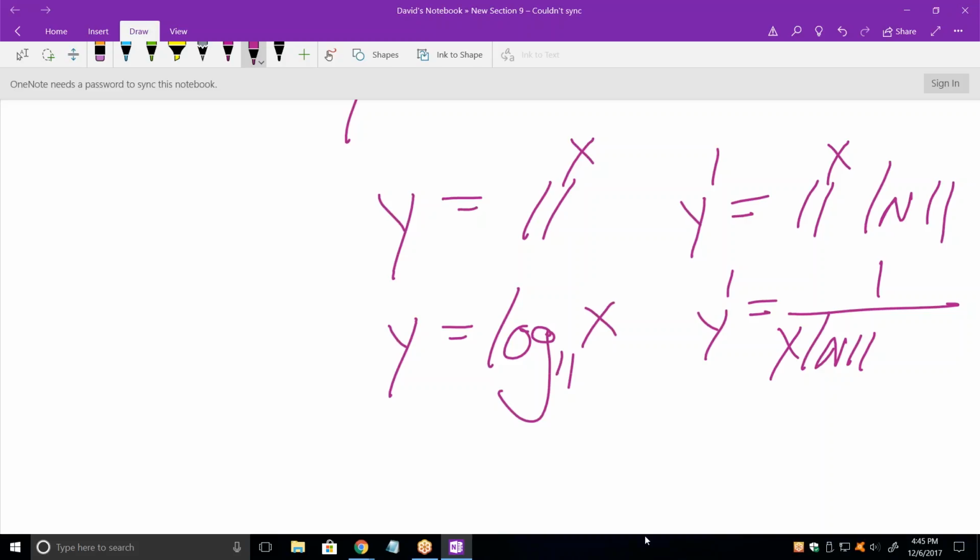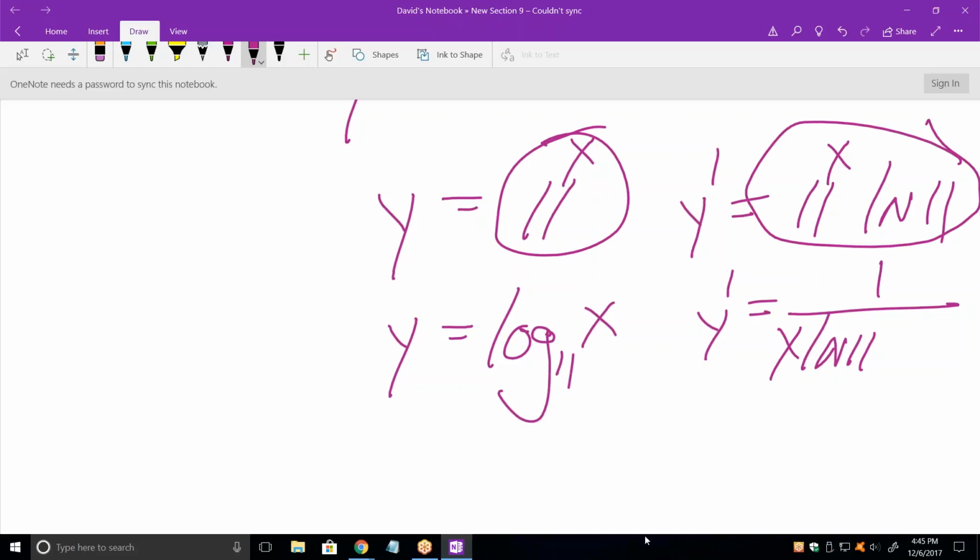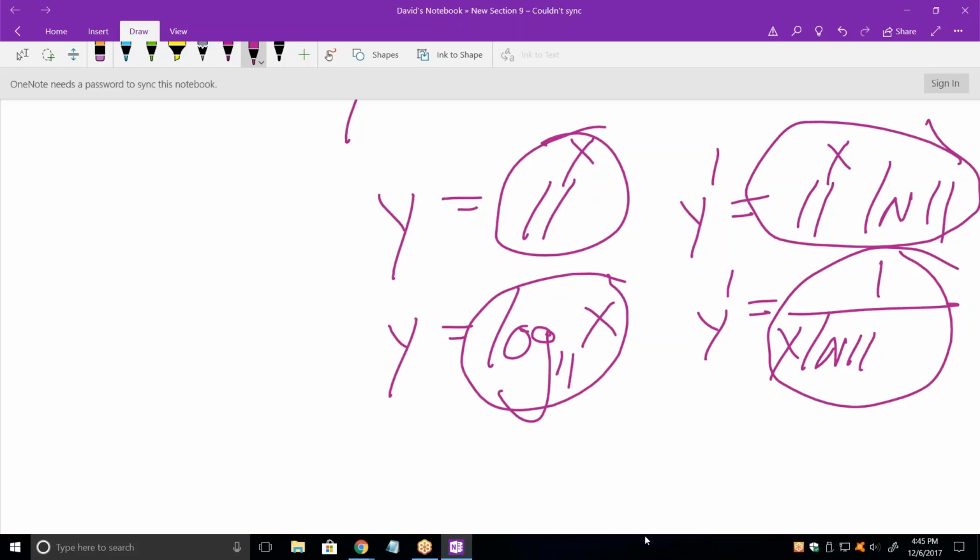So notice that when we take the derivative of exponentials, everything's in the numerator. When we take the derivatives of logs, everything's in the denominator. For the outside, at least. And that should be one way of helping you memorize it.